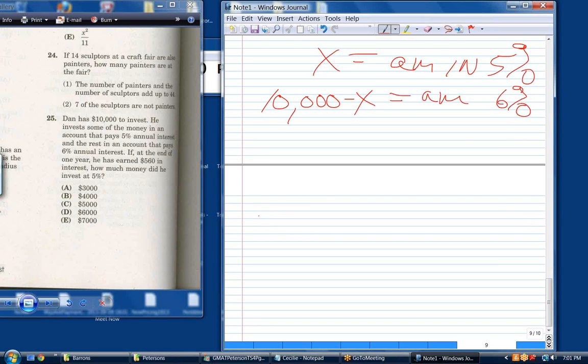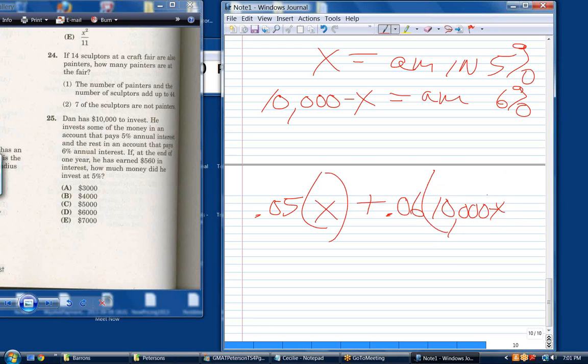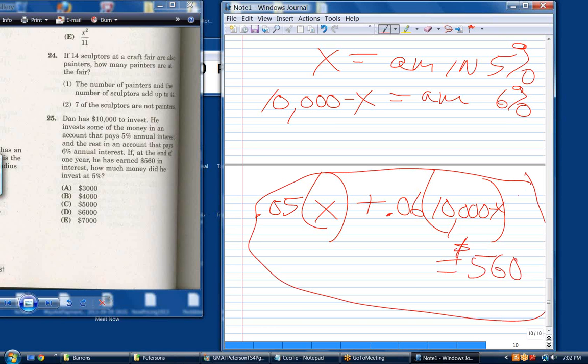Well, we know that 0.05 times X plus 0.06 times (10,000 minus X) has to equal $560. There's the algebraic way to solve it. Notice that that still has quite a bit of work to do to solve it. In other words, you have to distribute this 0.06, and then you have to solve this linear equation.